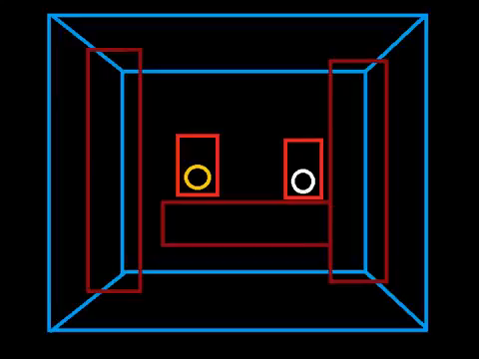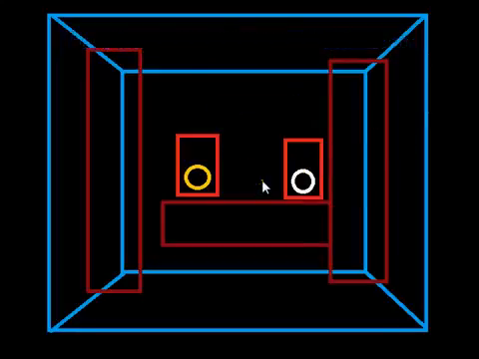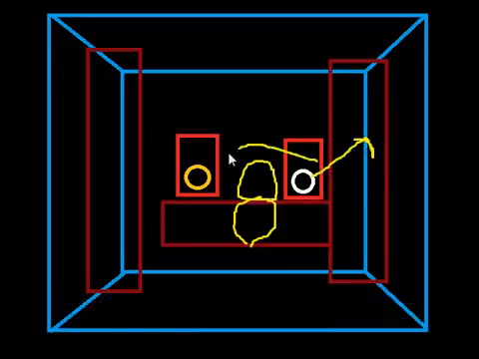What'll happen in this situation with the bass traps is, like I said, it'll help absorb the bass when it gets into the different parts of the room. So instead of the sound bouncing all over the place and coming back and messing you up, the sound can basically go here and that's the end of the road. Or it'll at least suppress it to where you're back here, you're mixing, having a good time, in your chair, and that bass is not coming back into the flow of the speaker sound from the original source.